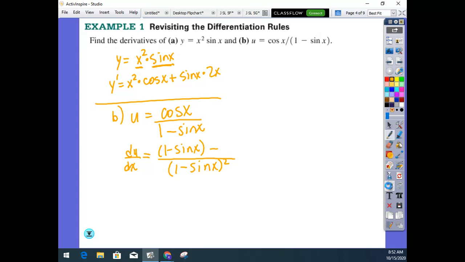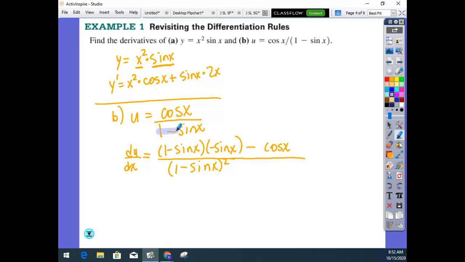Oops, helps to do the rest of it. So we do the bottom times the derivative of the top minus the top times the derivative of the bottom. Now be careful. The derivative of a constant is 0.